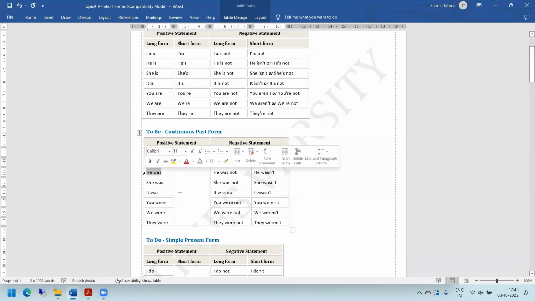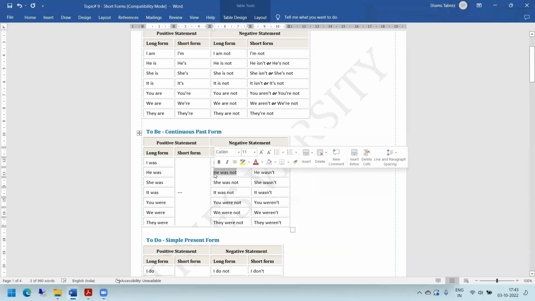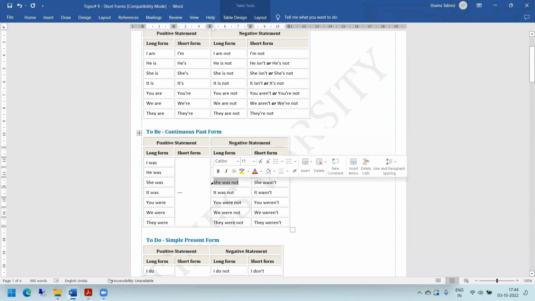Similarly, he was not doing, or whatever extra words you can add. But was not, the short form is wasn't. Then she was not, similarly. So instead of two words, we can use a short form with an apostrophe.